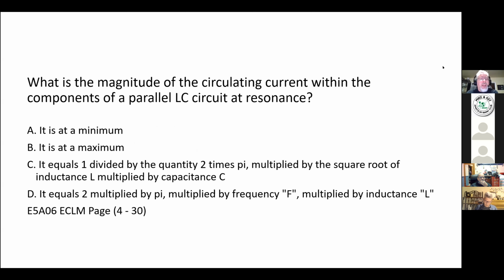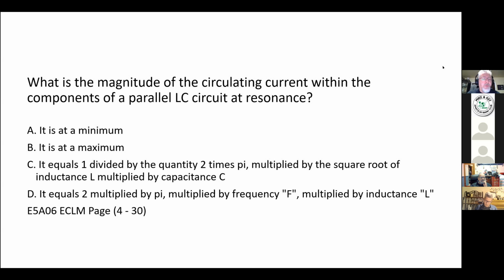What is the magnitude of the circulating current within the components of a parallel LC circuit at resonance? A, it is at a minimum. B, it is at a maximum.